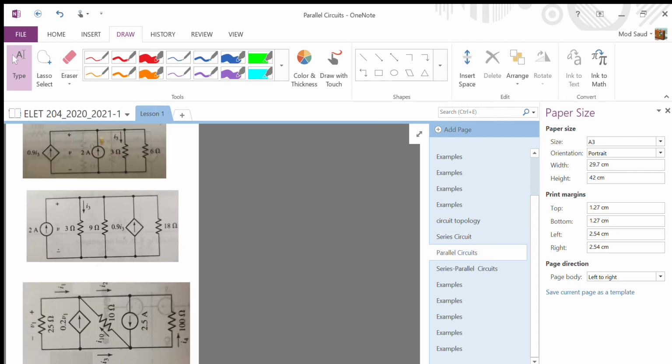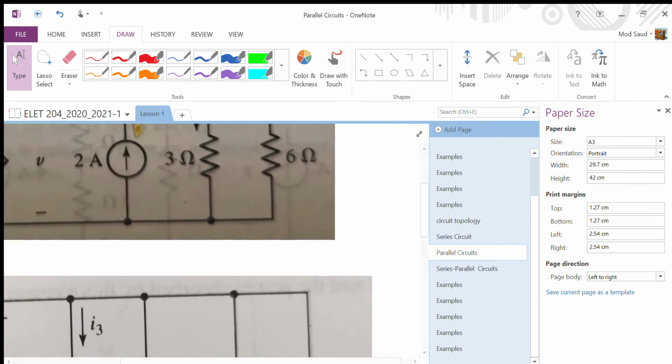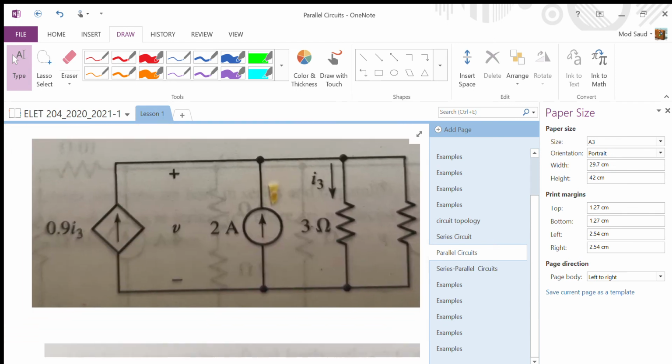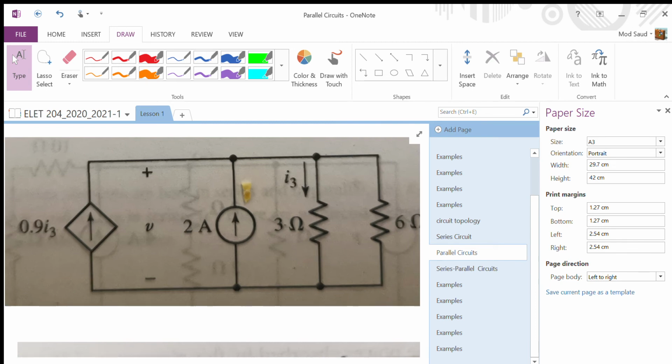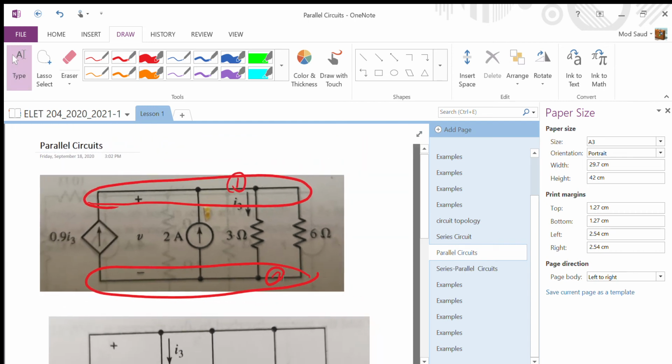Let us look at the parallel circuit. These are examples of parallel circuit. We just covered this in the previous slides. So this is node number 1 connecting all this. Node number 2 connecting all this. So this circuit is parallel circuit. There are only two nodes.